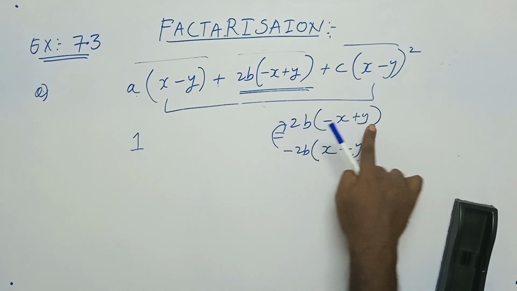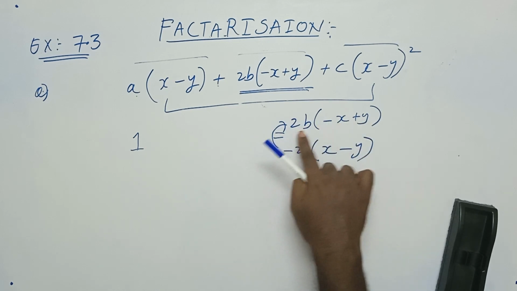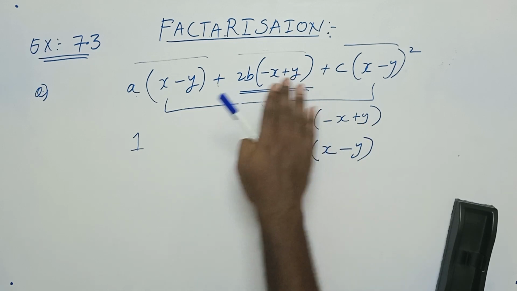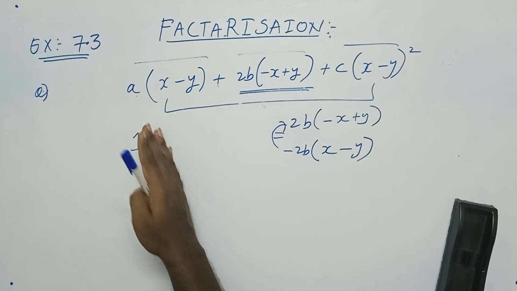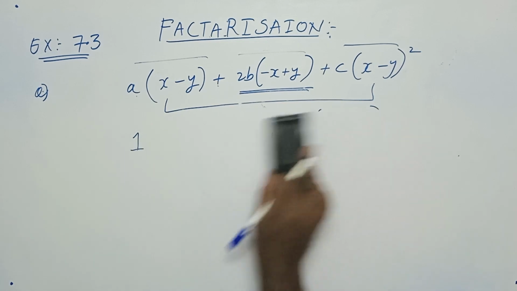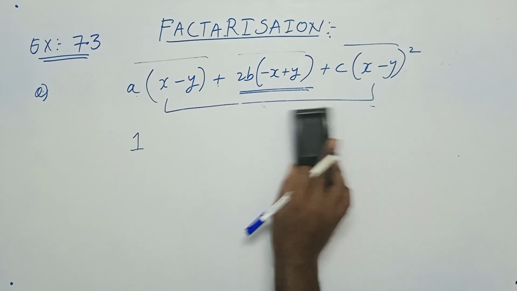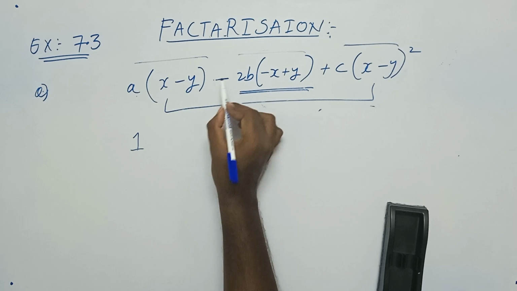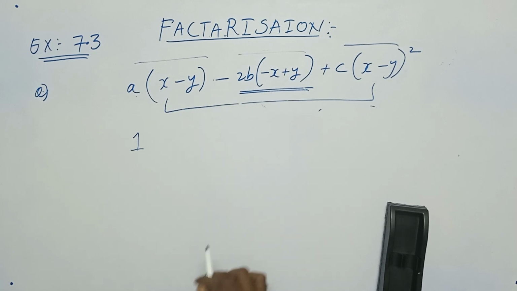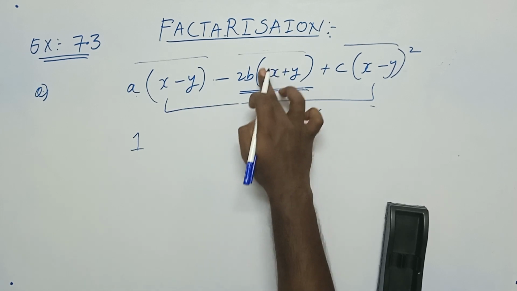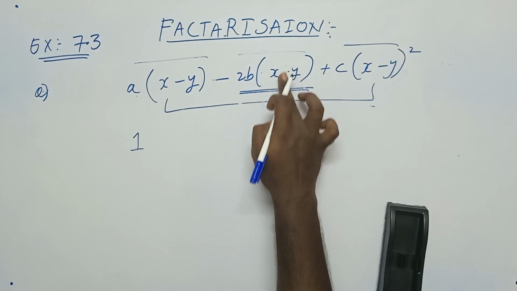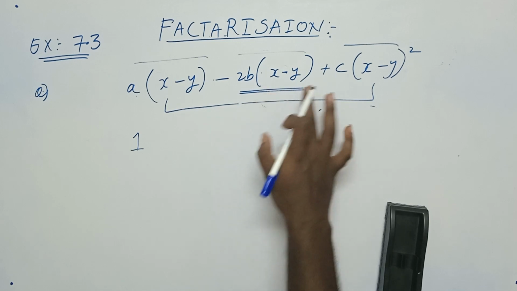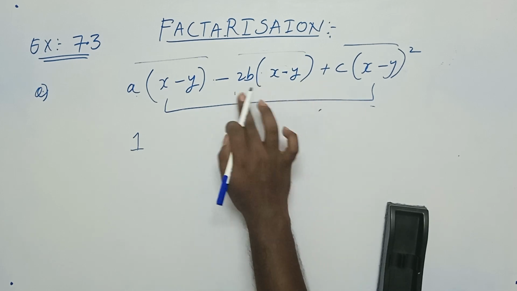So we are going to transform this term into −2b(x − y), so that we can take the HCF as common. The value doesn't change, friends, you have to remember.